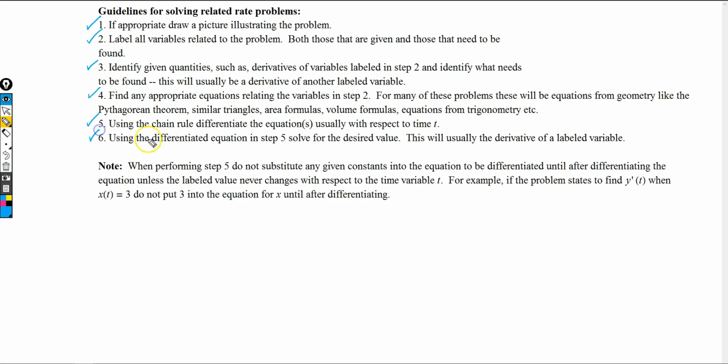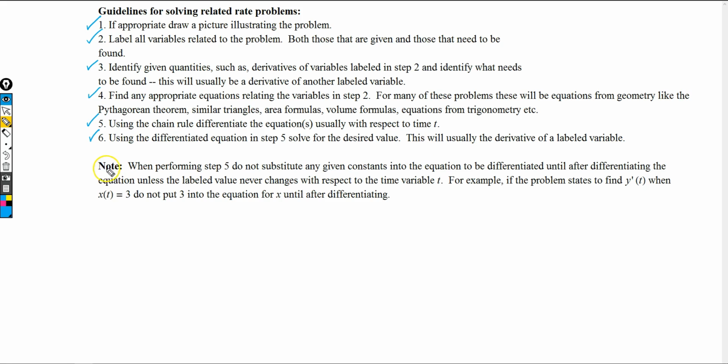And then step 6, using the differentiated equations, solve for the desired variable. This will usually be the derivative of one of the labeled variables. That's usually what you'll be solving for, another rate of change of one of the other variables.